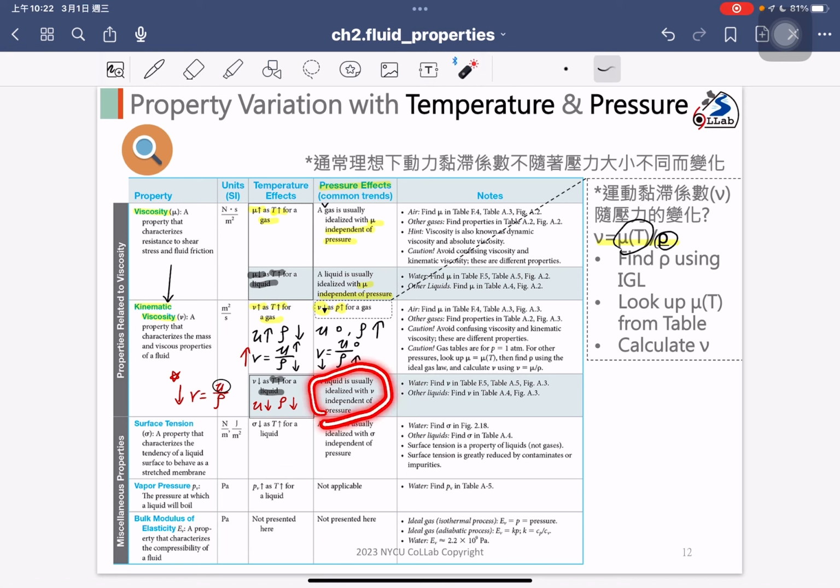Okay, but the bottom here for the liquid stays the same. There is still no response to the pressure, because the density of the liquid is very difficult to compress. So even though you increase the pressure, the density didn't change a lot. So that's why it is still independent of the pressure for the liquid.